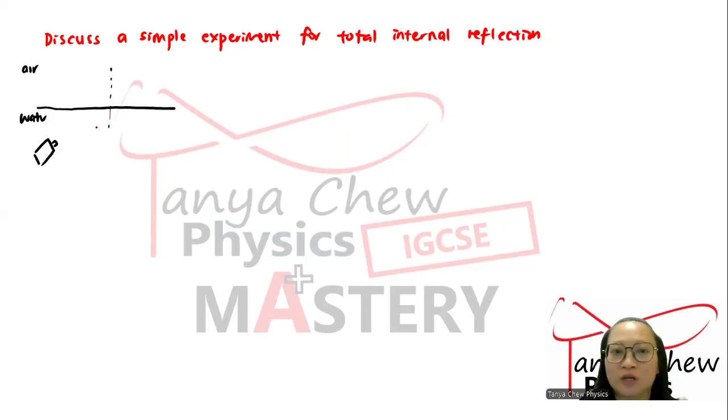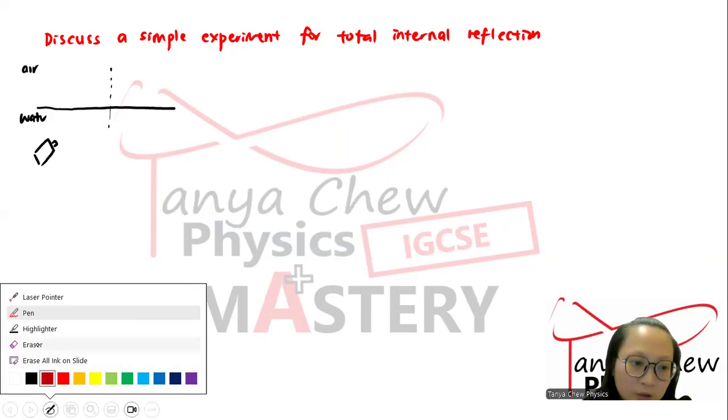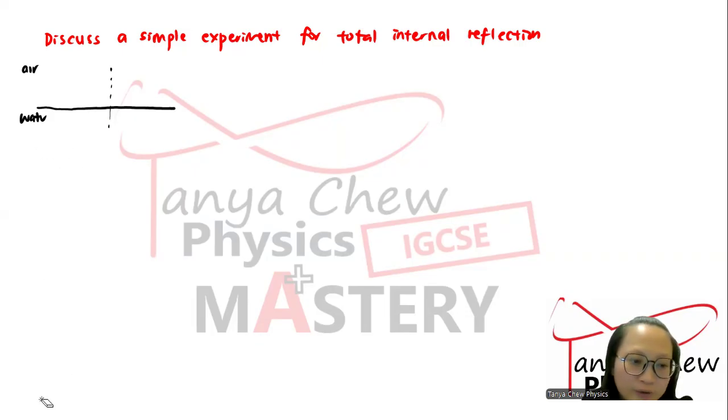I don't know the critical angle of the water, so I start with a small angle. That is why I make sure that my laser box starts at a small angle, and I direct the light onto the air. Let's say the angle of incidence is smaller than the critical angle.